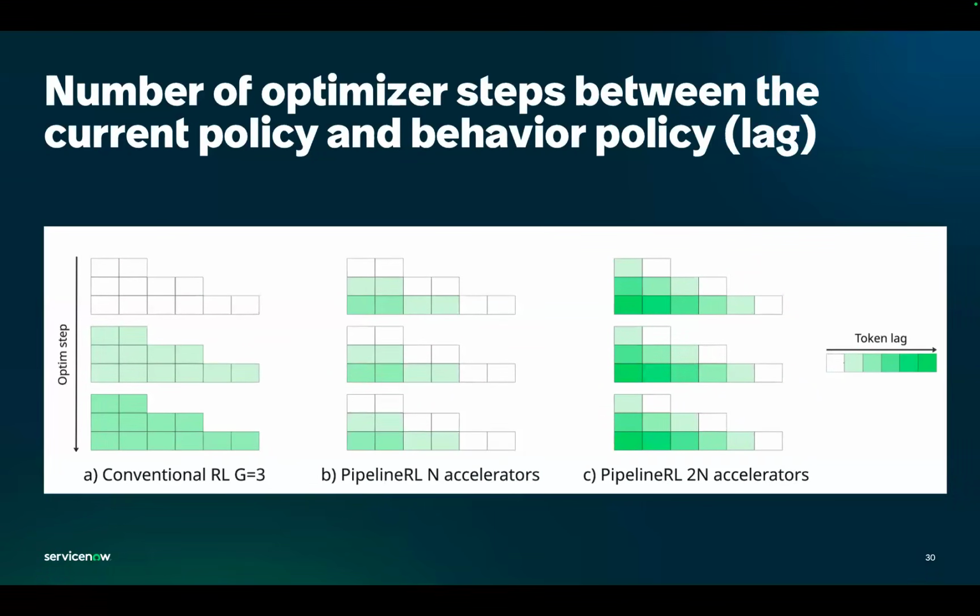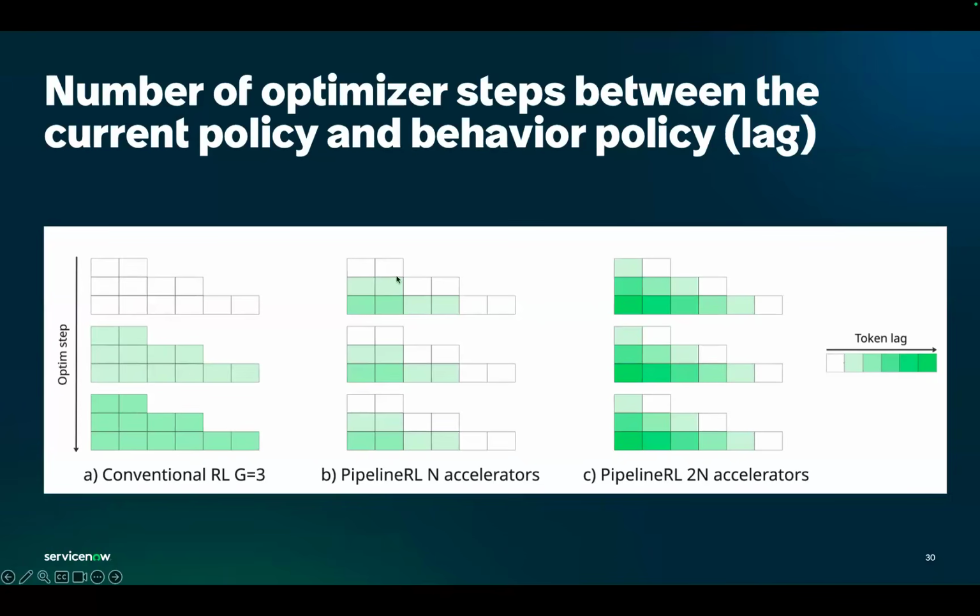I would like to show you that the structure of on-policiness is different for conventional RL and PipelineRL. For conventional RL, let's say you do 3 optimizer steps between two model updates. The first optimizer step is done purely on on-policy data. For the second, you have data with lag 1. Then you have data with lag 2, and so on.